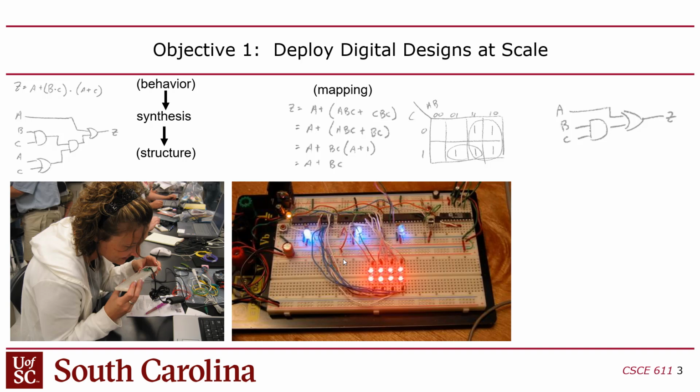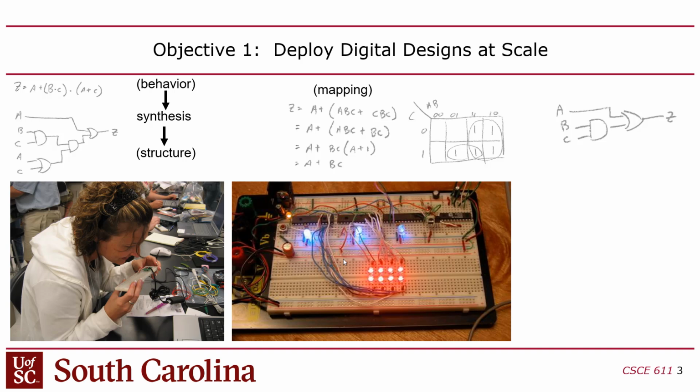In 211, you would have defined logic behavior as Boolean logic. So this is called behavior. I just want to introduce these terms because I use these a lot. So logic behavior is essentially what the logic is doing functionally. And then you also would take those Boolean logic and translate them into gate designs.